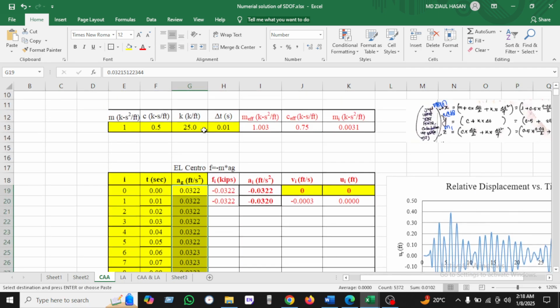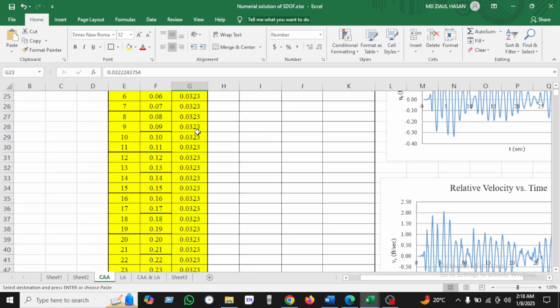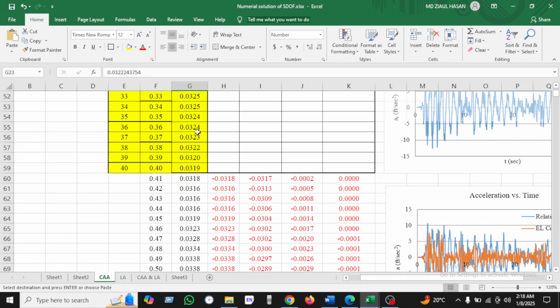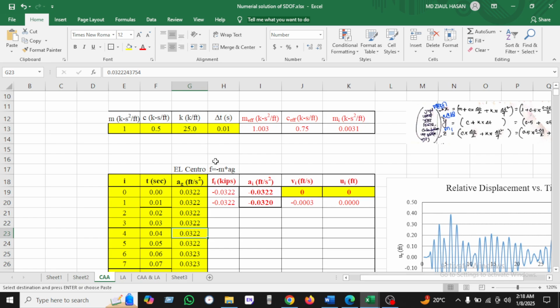Okay, I'm putting all this ground motion here. If you want to, you can just download the ground motion. This is not the El Centro ground motion. If you download the El Centro, then that will be fine.